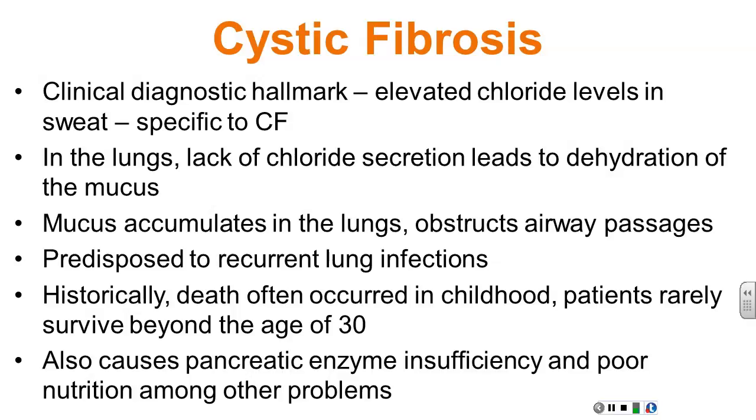But the lack of chloride secretion in the lungs becomes an issue. It leads to dehydration of the mucus, so you get mucus that gets very thick and accumulates, and it ends up obstructing airway passages. As a result, they're predisposed to recurrent lung infections, and usually that's what actually ends up killing a patient with cystic fibrosis. It's this pulmonary insufficiency, or a lung infection, that will eventually end up killing them.